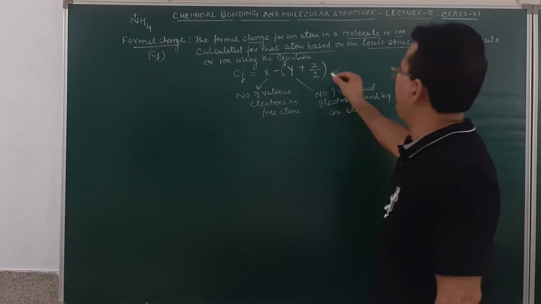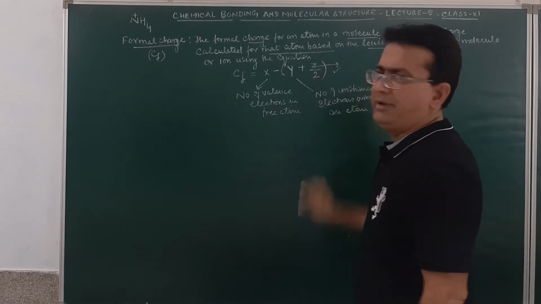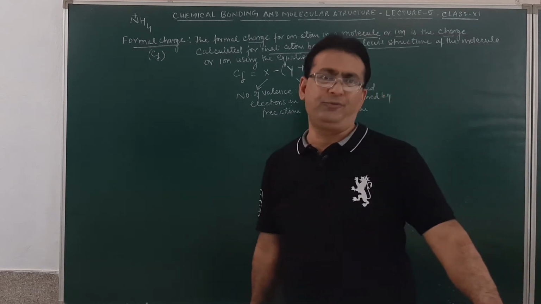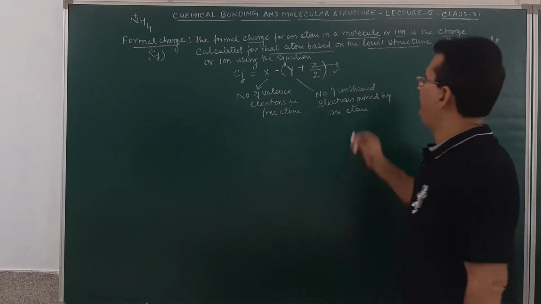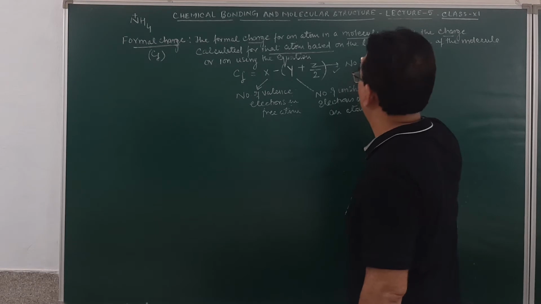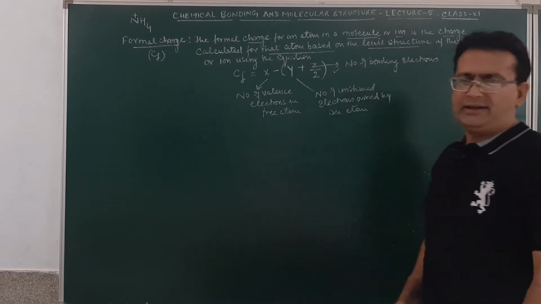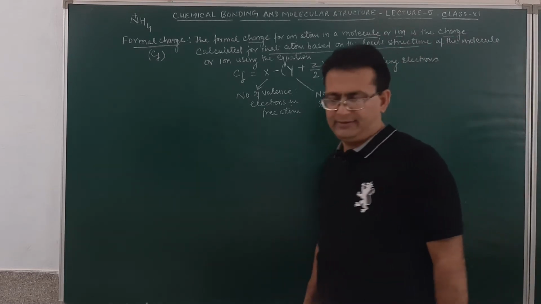And Z will be the number of bonding electrons for that atom in the molecule or ion.